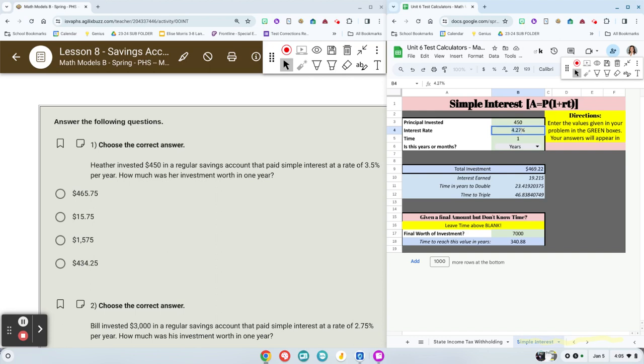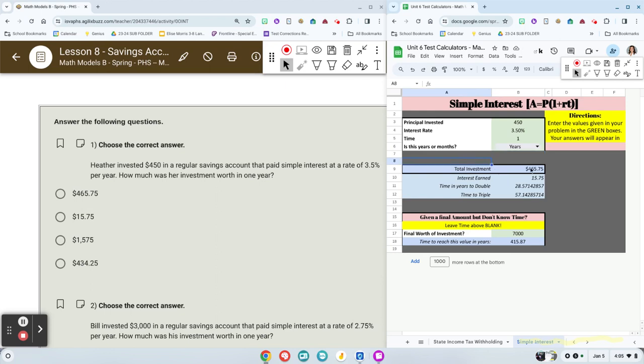So we're going to type in 3.5 and keep the percent sign. How much was her investment worth in 1 year? So 1 year, again, it's unusual. Usually we are curious after 5 years, 10 years, because it really grows. But for these questions, just leave the 1 in the years that are already in there.